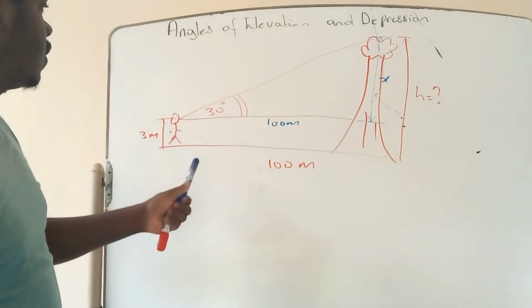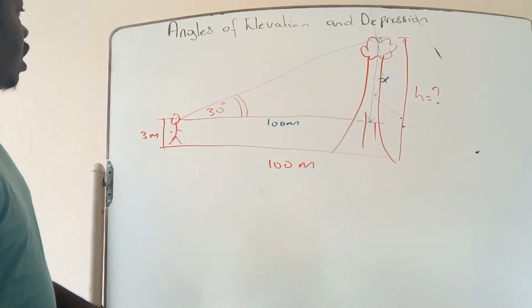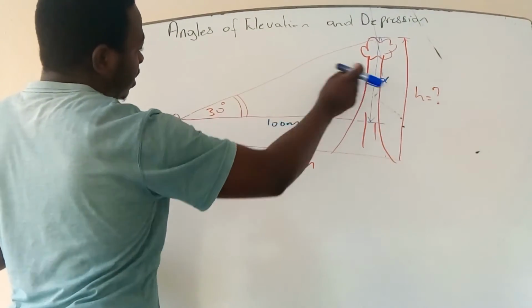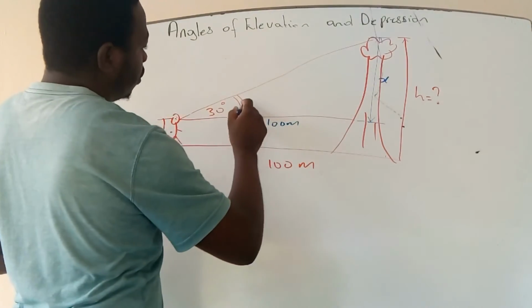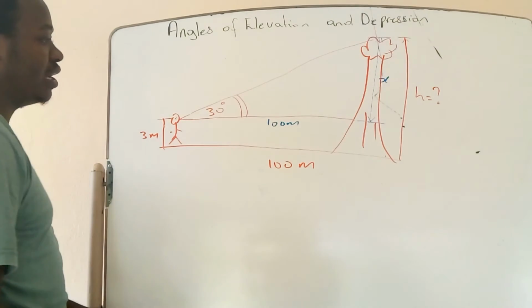Now you could use the trigonometric ratios to find this. You have an angle, you don't know the opposite length because you know that x here is opposite to this angle. You know the adjacent side. That sounds like tangent, right?